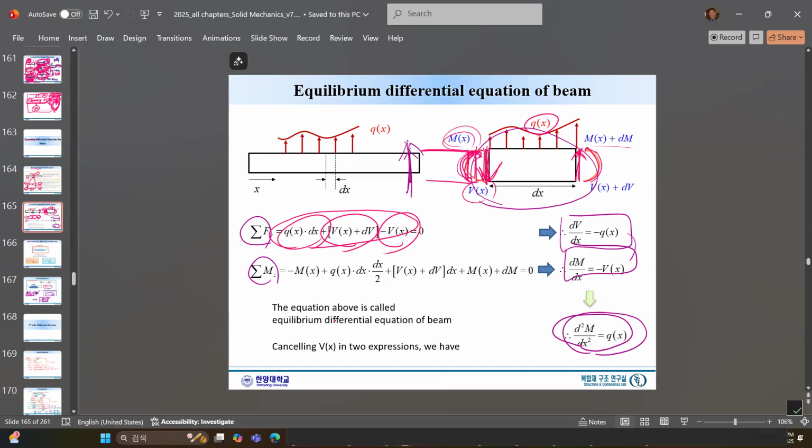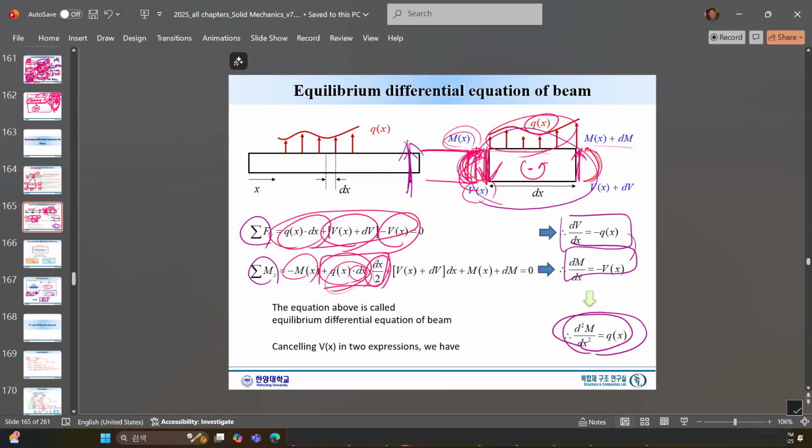Now let's consider moment equilibrium of this small portion. The moment on the left-hand side is negative, minus. And here, qx dx is a force multiplied by the distance, because if we consider moment here, this will act as a force by multiplying dx, and then we multiply by the distance to get the moment.